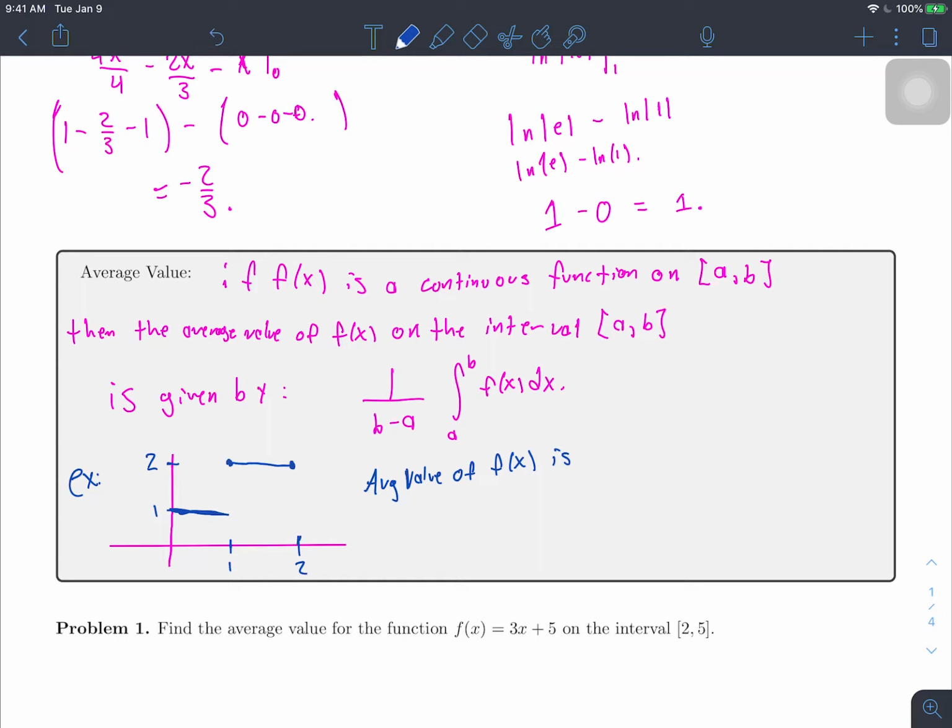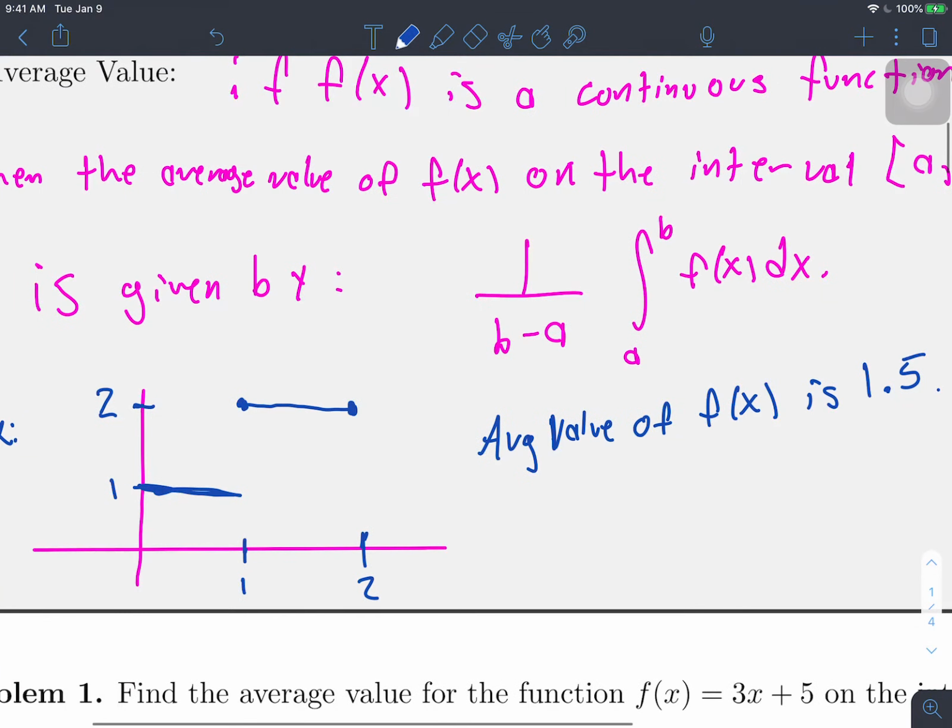What's the average value? 1.5. Yeah, it should be 1.5. Okay, and the way that we're doing that is by just taking these two, we add them together, and then we divide by 2. Okay, right?